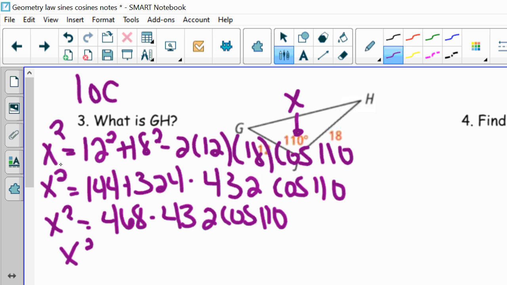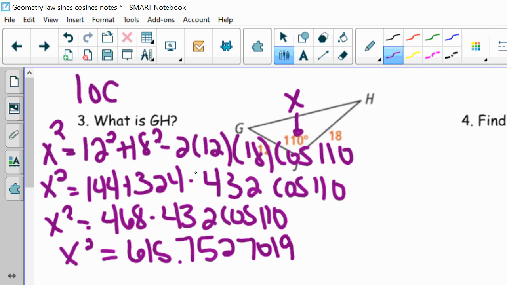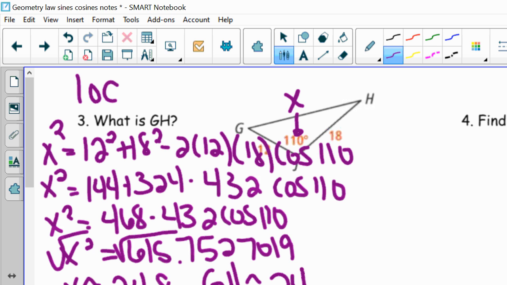Plug all of that in my calculator, and I get x squared is equal to 615.7527019. Again, I don't want x squared, so I'm going to take the square root of that. And I get x is approximately 24.8. So now I need to answer the question. The question was GH. So GH is approximately 24.8.